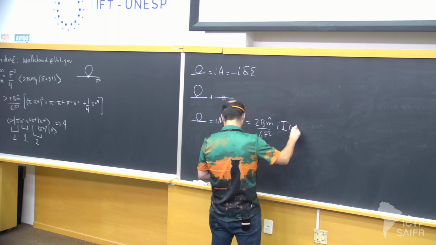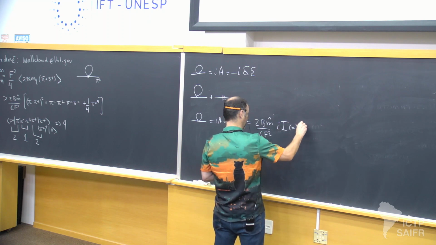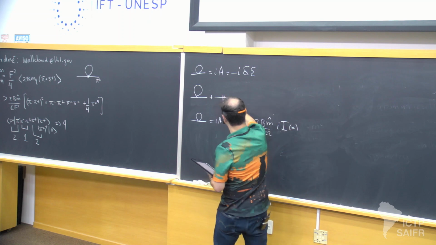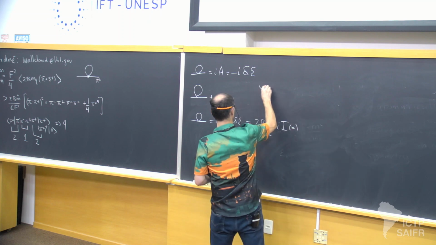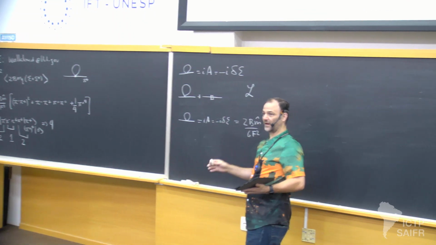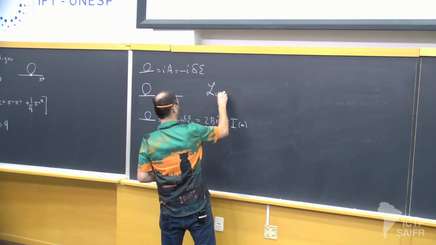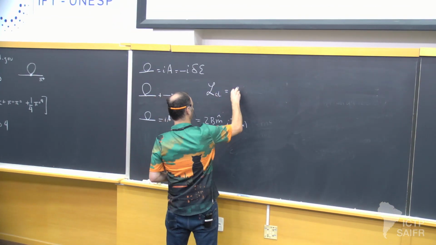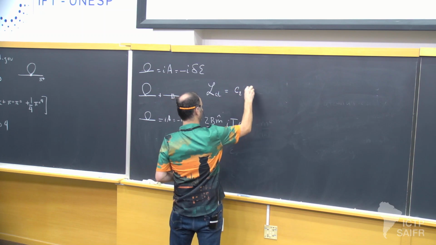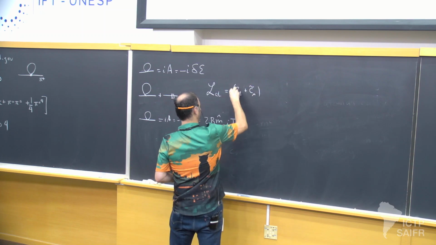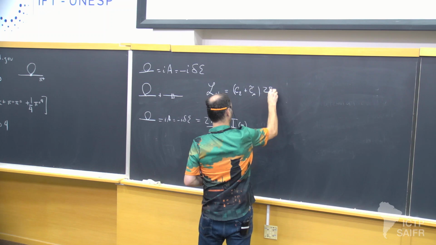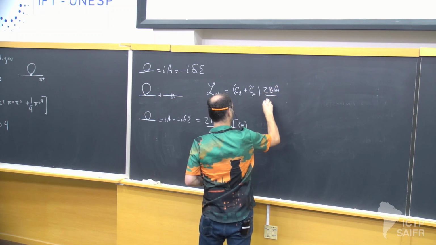And then we have to add a counterterm, so I'm going to add a new operator into the Lagrangian. Heuristically, this is not correct because we haven't done the full calculation, but I'm going to have some counterterm operator that scales like some C epsilon plus C tilde of mu, and it's also going to scale with 2B m hat over 6f squared.